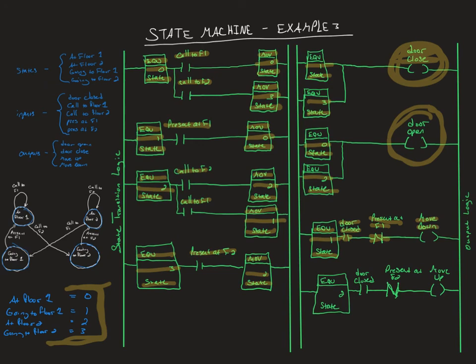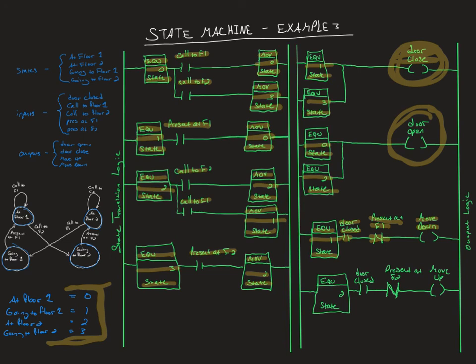So all that says is if you're in the state that is going to floor 1 and the door's closed and you're not currently at floor 1, then you have to move in the downward direction. And we have conditioned it on the door being closed. That makes sense. You don't want to move if your door's not closed. And we have included that we're not already at the floor. If we're at floor 1 and someone presses the button and for whatever reason it flips to state 1 for a half second, we don't want to move down. We're already at floor 1.